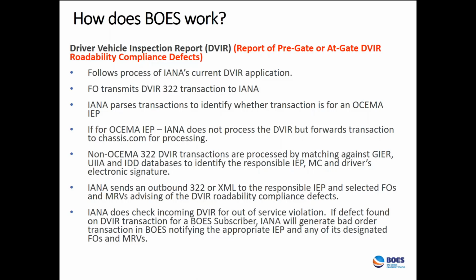So if we got a DVIR with an out-of-service defect, IANA would generate the bad order notification and transmit that to BOES, and it would then be transmitted to the appropriate parties based on who the IEP was and the facility operator and maintenance and repair vendor for that specific location that had been designated by the IEP.